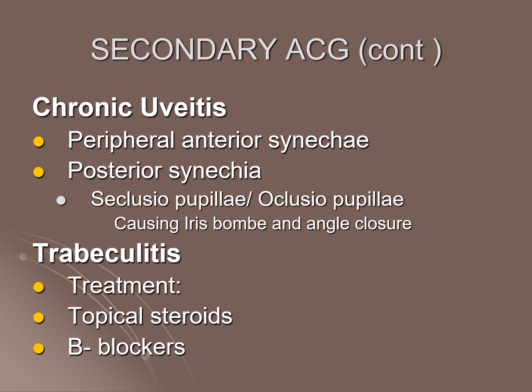In occlusio pupillae, the whole pupil is closed due to inflammatory discharge. So ultimately it causes iris bombe and irido-corneal contact and a sudden rise of intraocular pressure. Trabeculitis is inflammation of the trabeculum causing a rise in intraocular pressure. Treatment is topical steroids and beta blockers.